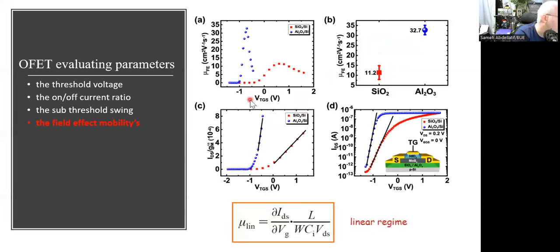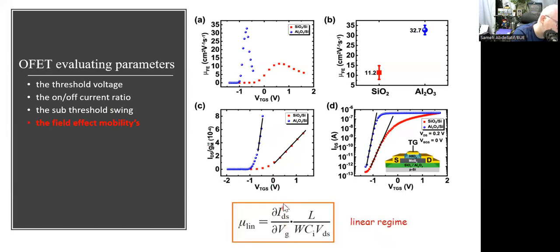Finally, we come to the field effect mobility, and please take care to distinguish between the field effect mobility and the material mobility. The material mobility is a material parameter, but here this is a device parameter that expresses to what extent there is a channel mobility in your device. That's why here we use what we call the transfer characteristics, which is ID versus VGS.